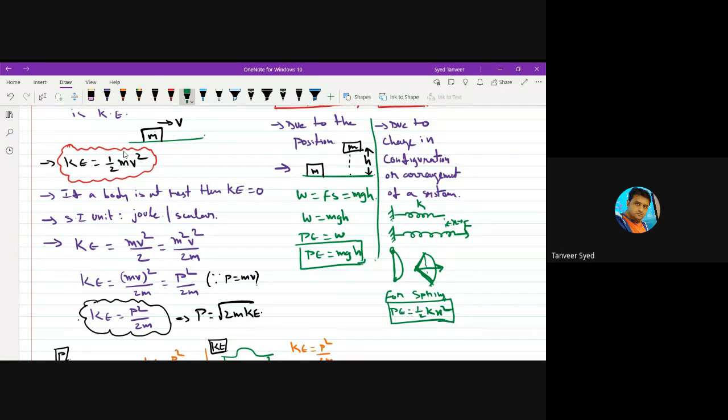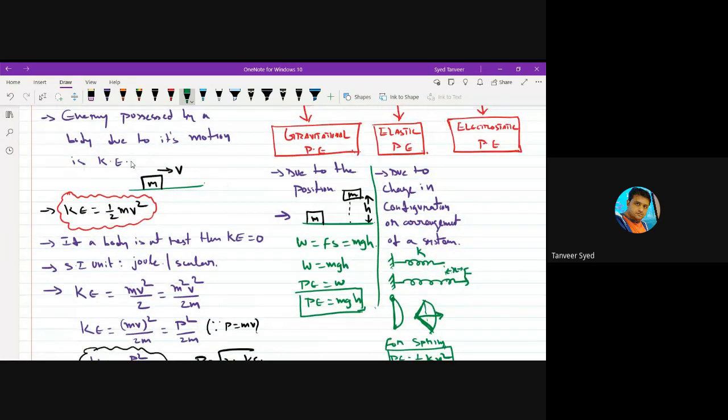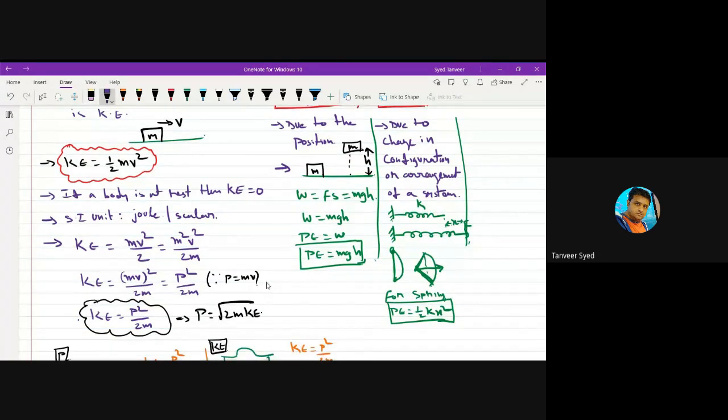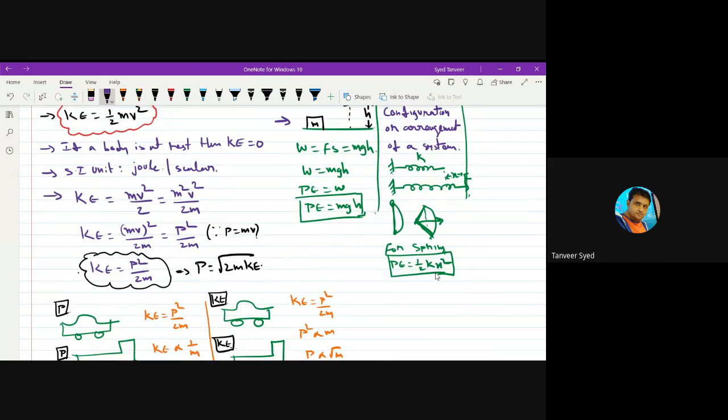This is elastic potential energy. Sir, I did not understand the derivation of the formula. We are not deriving any formula; I'm just giving the formula directly. We don't need the derivation right now because that involves integration. I'm directly giving the formula half kx square.